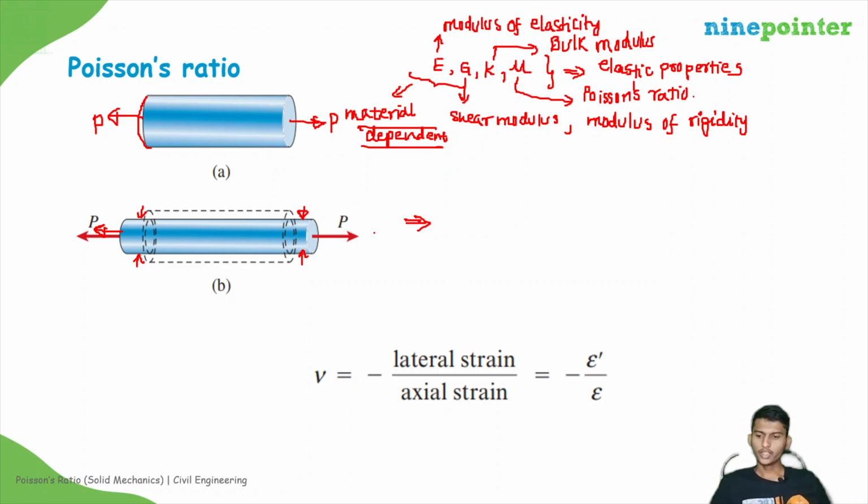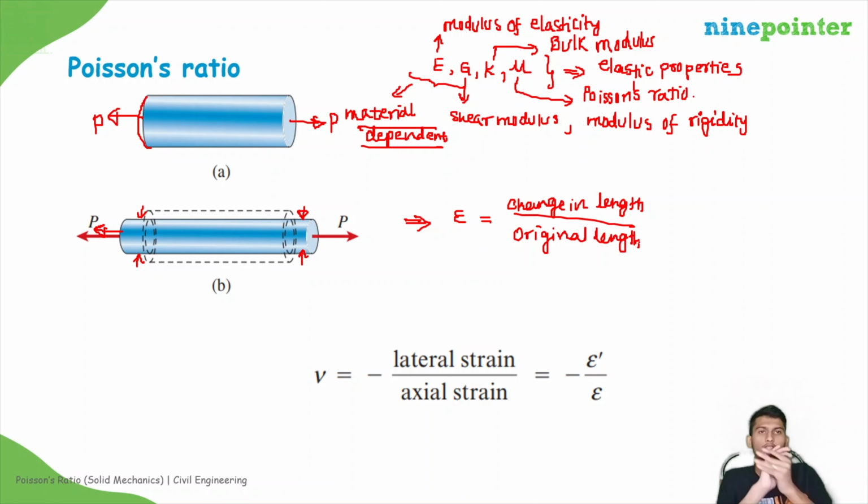So we defined strain in axial direction as epsilon, that is equal to change in length divided by original length, right? But as in lateral direction also there is change in the length dimension, we need to also define a strain term in lateral direction. So similarly, epsilon dash is the lateral strain.